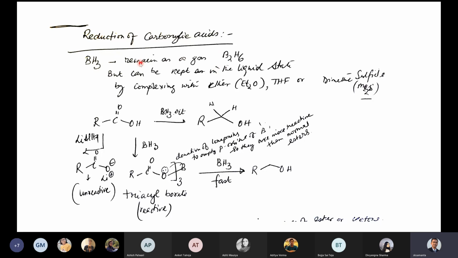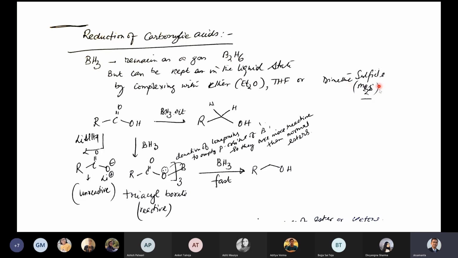But how do we convert this B2H6 into BH3? We can keep this in the ligand form by complexing with ether, like diethyl ether or tetrahydrofuran, or dimethyl sulfide. What happens to them? They have these lone pairs, no? Oxygen has a lone pair. Tetrahydrofuran also has oxygen in a 5-member ring, and that also has a lone pair.